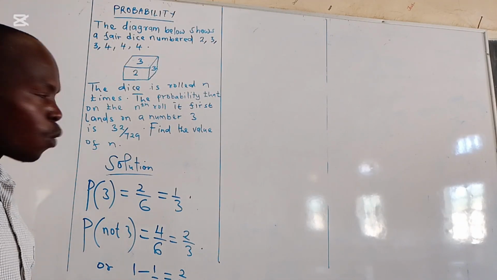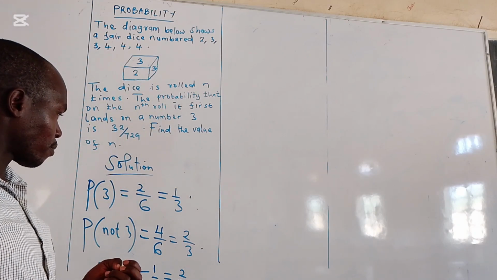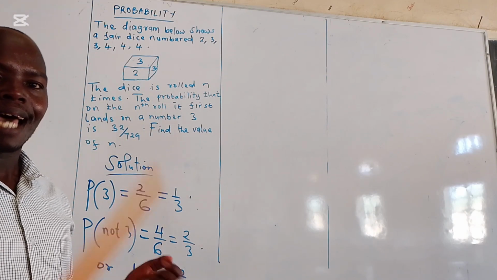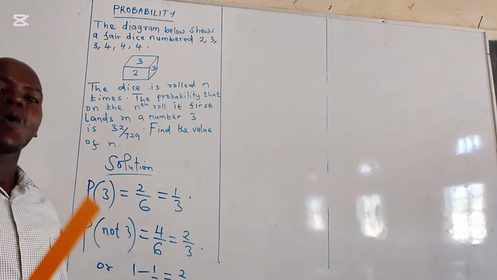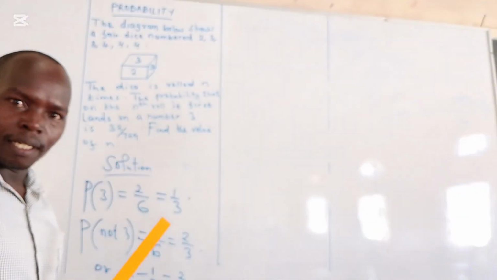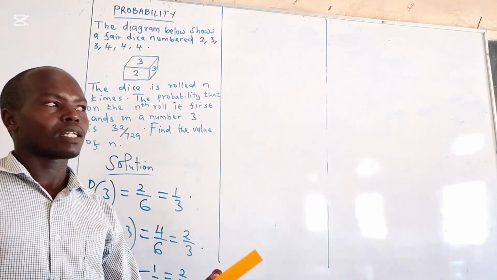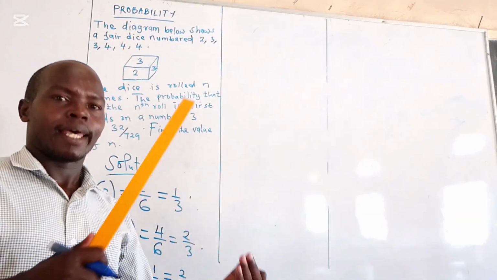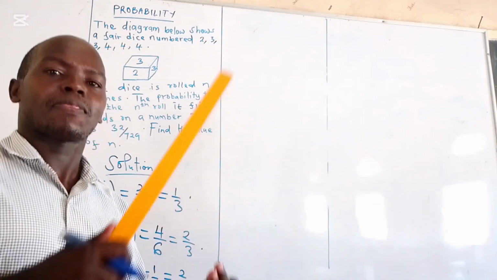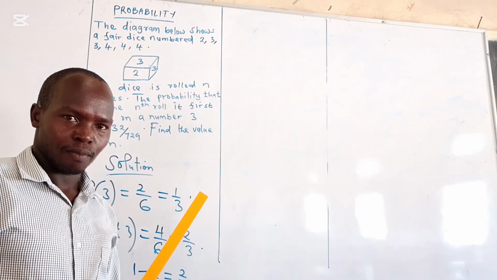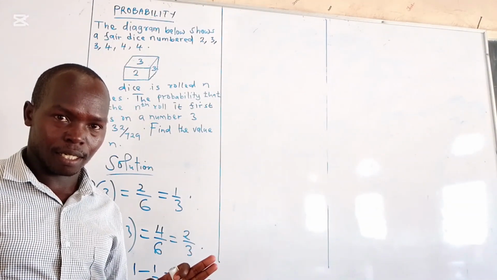Now, we have n number of rolls, but a 3 lands on the nth roll. It means that in the first roll, second roll, up to n minus 1 roll, a 3 is not appearing.